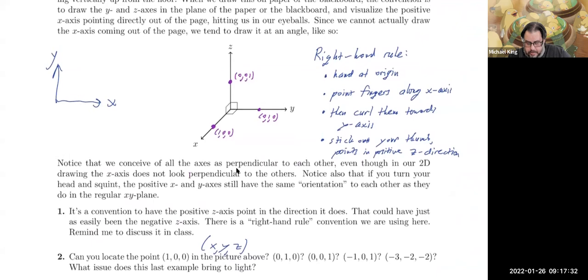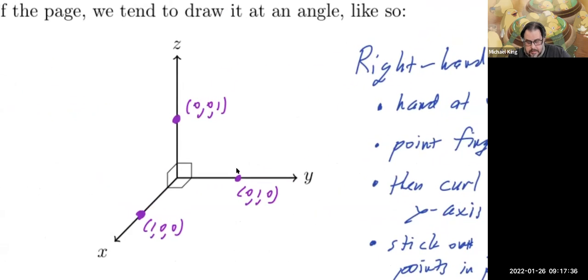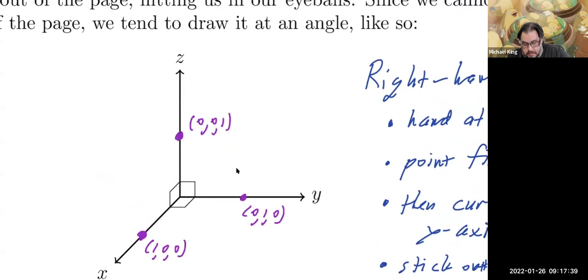And then what about negative 1, 0, 1? Well, I knew this was going to be wrong. It's over here. So if we do negative 1, 0, 1, one way you can think about that is we want to go negative 1 in the x direction. So it's like traveling negative 1 in the x direction, 0 in the y direction, and then 1 in the z direction.